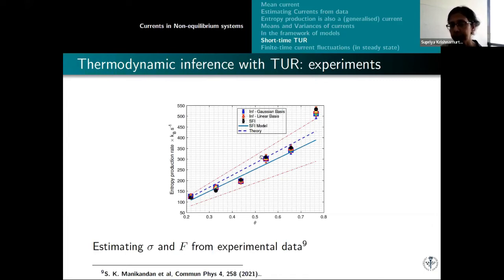Again, it's something that we can analytically get, and we compared the inference that we can do with TUR with SFI, stochastic force inference, another method. In every case, we get data similar to what this other method gives, and it lies in this window, which we estimated was where it should lie.